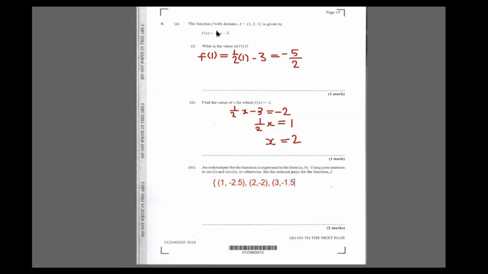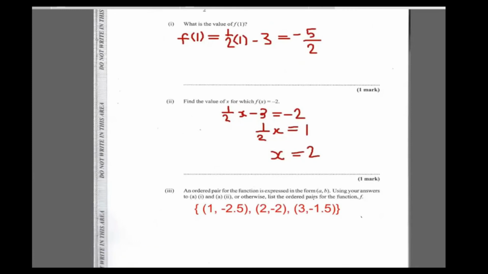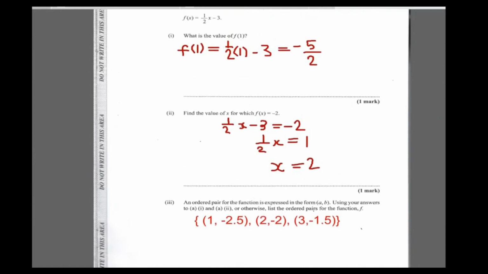And so that is what we get, no issues at all. All right, so we'll finish the first part of the question.